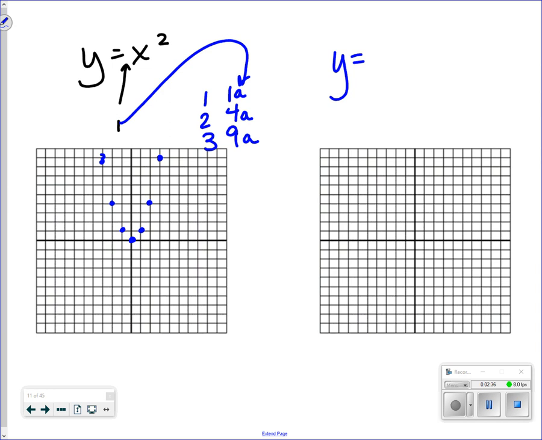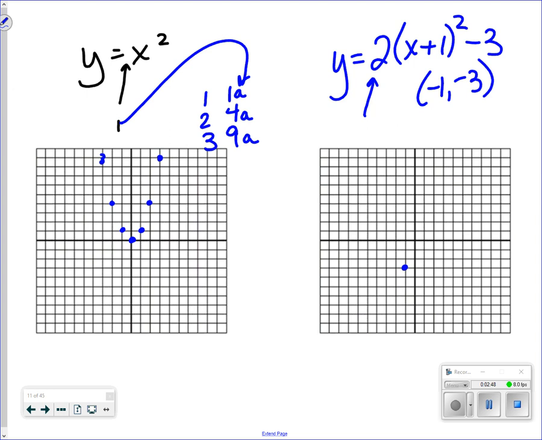I'm going to make my a value 2. So 2 times x plus 1 squared minus 3. So the vertex is at -1, -3. My a value is 2, which means if I go over 1, I would go up 2.